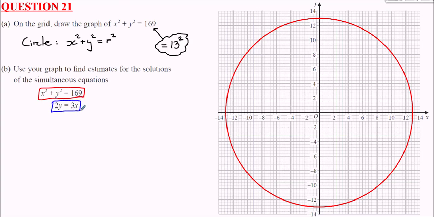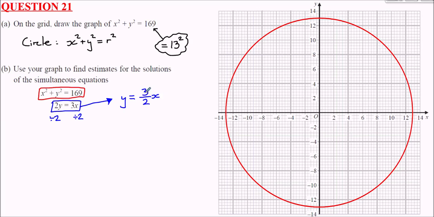Now any straight line, students are probably sick of me saying, what's the standard equation of any straight line? It's y equals mx plus c. Not 2y, not 3y, just 1y. So I can divide both sides of this equation by 2 to get it into a better form. In other words, y equals 3 over 2 x.